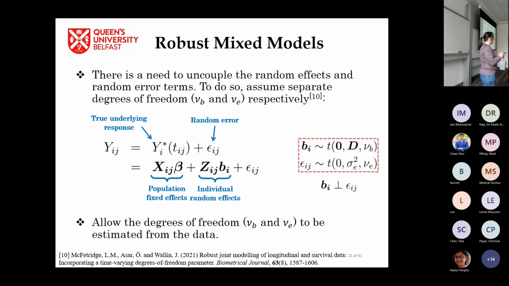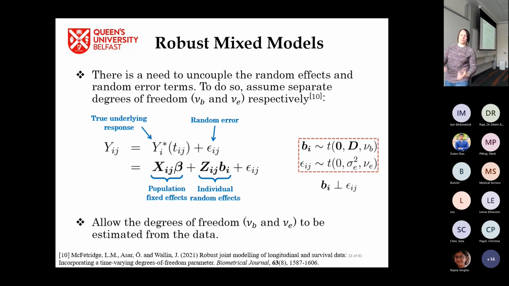That means we can have models where there are E outliers present only, B outliers present only, E and B outliers present, or no outliers present. We're getting that whole variety of models within the one approach, so it gives a lot more flexibility.